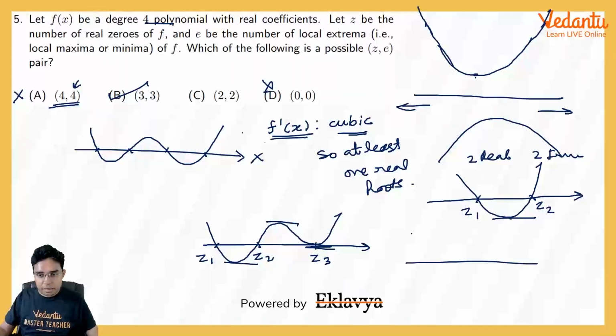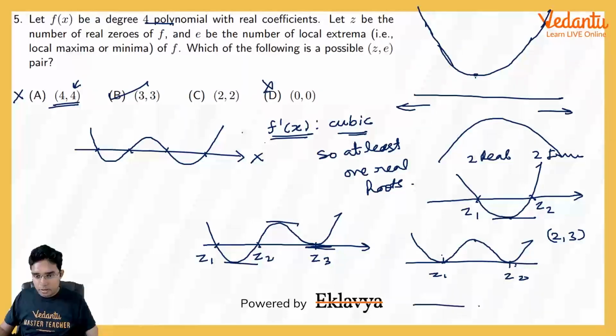Now what can be the other possibility? You can have two zeros like this also. Both are repeated twice, z1, z2. In this case, 2, 3 will be the possibility, because there will be two zeros but 3 maxima or minima. So that is also not possible here. And what can be the other possibility?